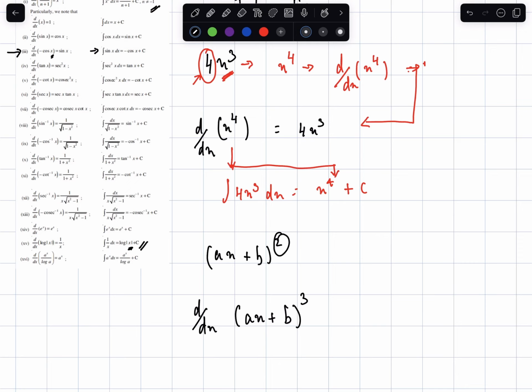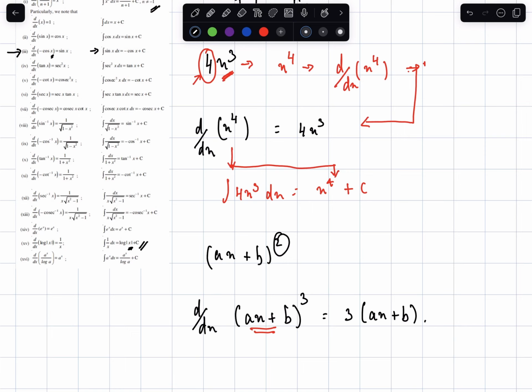Okay, so let's differentiate this. Now how do you differentiate this? Simple. You differentiate the whole thing, which is 3 times ax plus b, and then you have to differentiate what is inside. Don't forget that you have to differentiate inside. Correct? So times, now how do you differentiate inside?